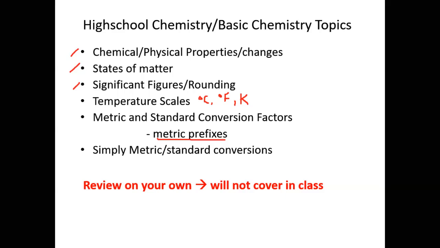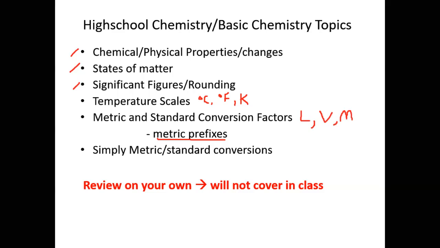For metric to standard conversion factors, for length, you should know one, such as inch to centimeter. For volume, you should know one, such as milliliters to quarts. And for mass, you should know at least one metric to English conversion factor, like pounds to grams.